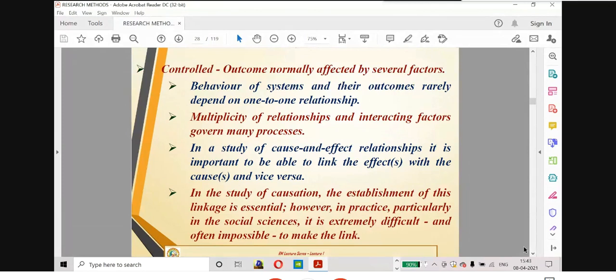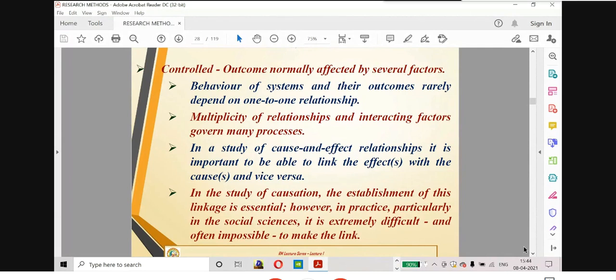However, in practice, particularly in social sciences, it is extremely difficult and often impossible to make the link, because in social sciences and humanities it all depends upon an individual's preference or perception, likings, socio-economic conditions and several other constraints. As a result, it is very difficult to link cause and effect in a one-to-one pattern.